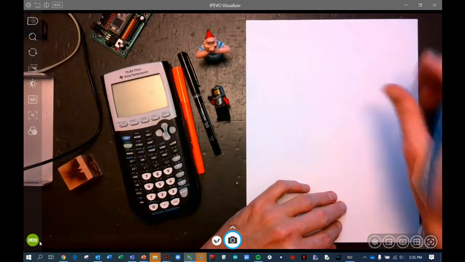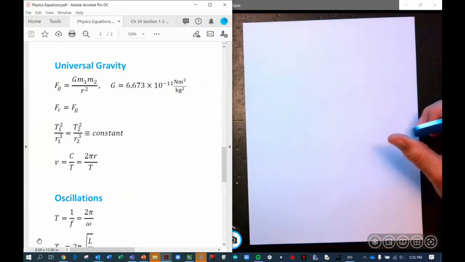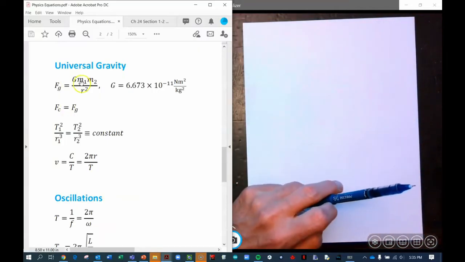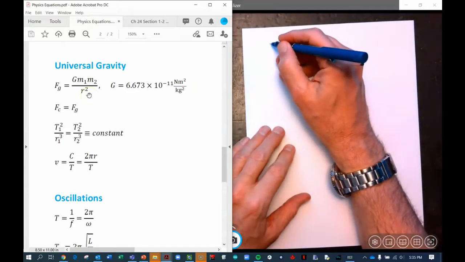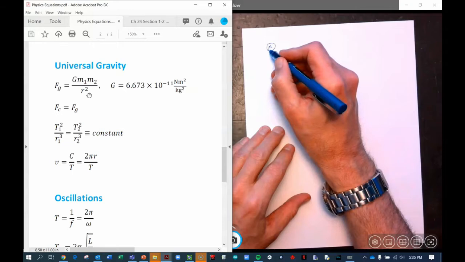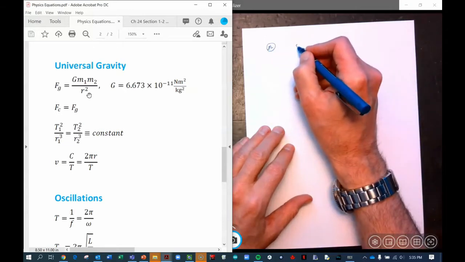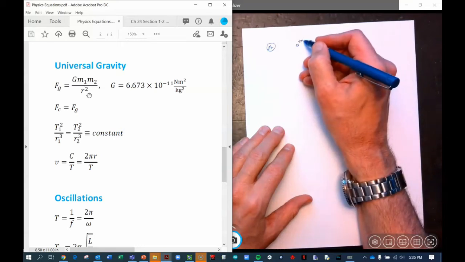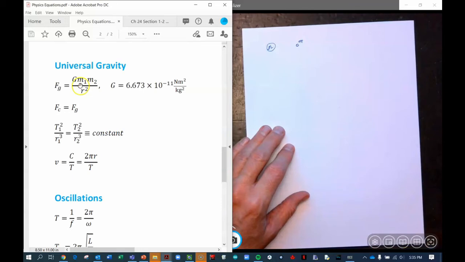So I started off by asking students, first of all, we reminded ourselves of the universal gravity equation, G m1 m2 over r squared. One mass we call m1, or if one mass is particularly big, you can make it a capital M, and then another mass, you can call that m2, or if it's a smaller mass, a small m.